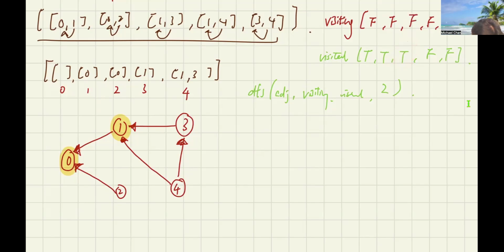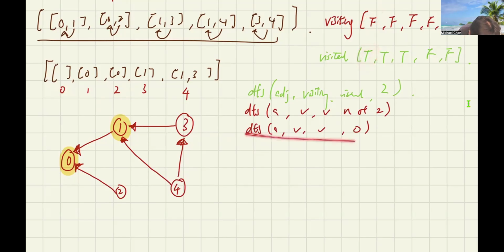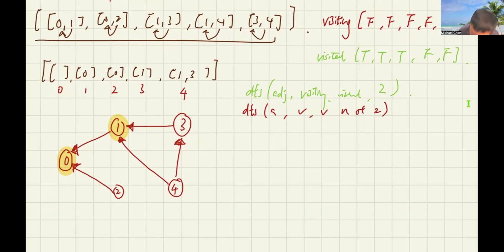And then what I'll do is pass in the neighbors of two, which is this, 0, right? And then if I pass in 0, which is the next call, 0, visiting is false. However, visited is true. So I'll return true. So this call returns true. Boom, gone. So it does not return false. So the upper level does not return false.